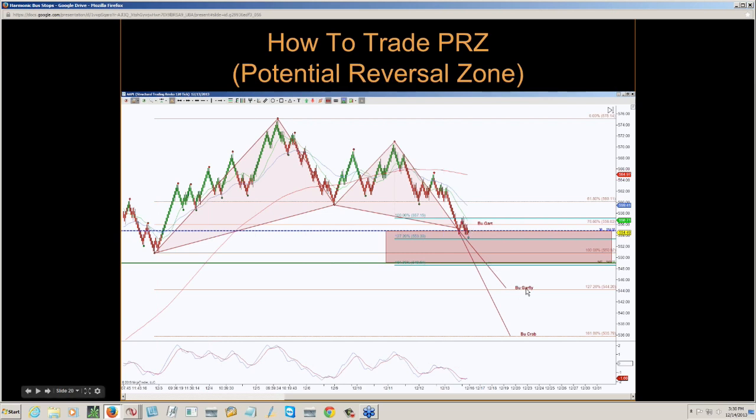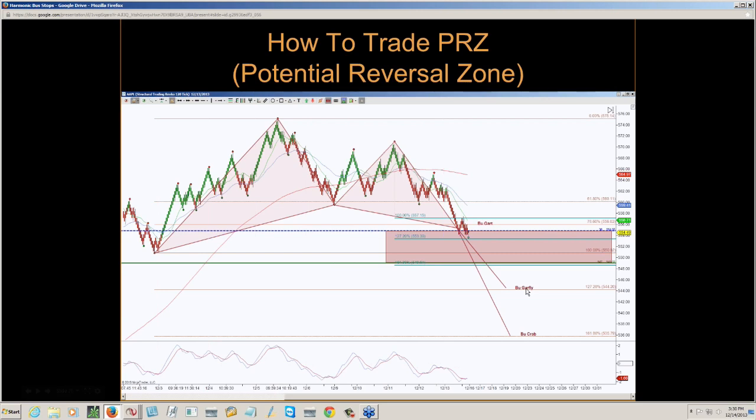Now, here's the cool thing. I call it a Garfly, and no, Scott Carney did not make it. Is it a valid pattern? Well, it is for me, and that's all that matters in my trading world. You do not have to acknowledge it as a valid harmonic pattern, but let me tell you something.